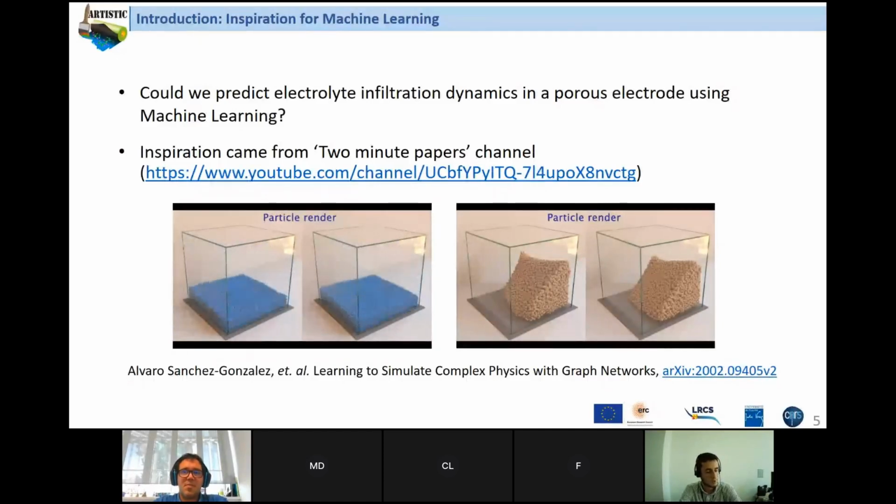So we thought that these results were really cool, and we were really inspired to try to do something similar, at least with our Lattice Boltzmann method.